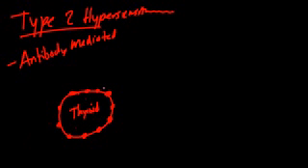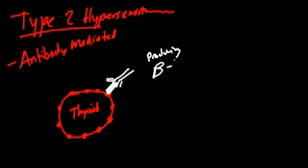So let's take this thyroid cell. Along comes an antibody. It's going to attach to here. So now it's attached. And this is not normal because the body shouldn't be attacking our thyroid cells. However, our body is now producing B cells that are producing these antibodies against our own antigens.